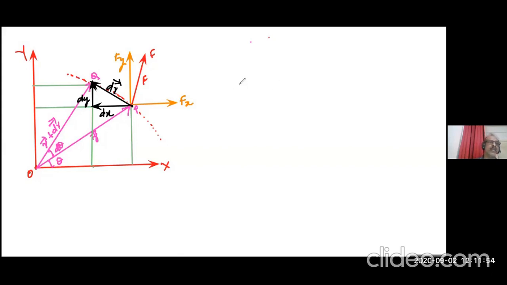Thank you. Now, let us consider a position vector R. When a force F is applied at the point P, the object is displaced to Q, making a small displacement dr. Sir, can you say from the starting again?